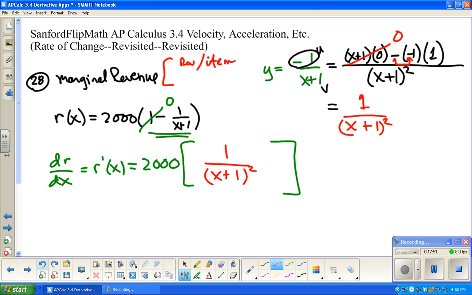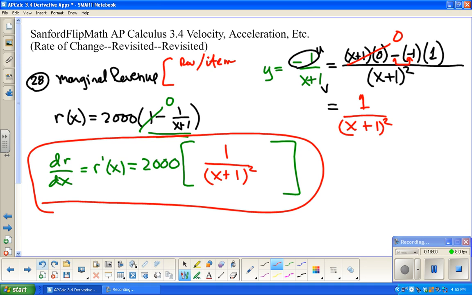You can multiply that (x plus 1) squared out if you prefer, but there's really no reason to do that. So part B said find the marginal revenue when x desks are sold. Part C: use the function R prime to estimate the increase in revenue that will result from increasing sales from 5 desks a week to 6 desks a week.